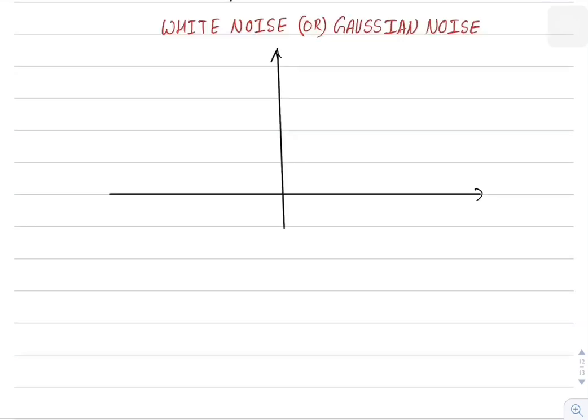White noise or Gaussian noise. White noise is a noise whose power spectral density is constant throughout the frequency spectrum. If my x-axis is frequency and y-axis is power spectral density, represented with Sn of f. If power spectral density is constant throughout the frequency spectrum, it means the noise generated at every point on the frequency spectrum is constant.